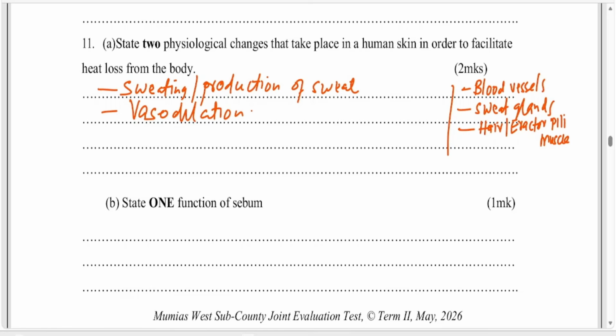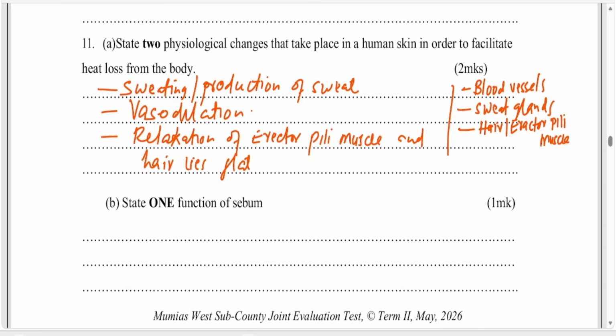We also have the erector pili muscle relaxing and the hair lying flat. So we have relaxation of erector pili muscle and the hair lies flat on the skin surface.